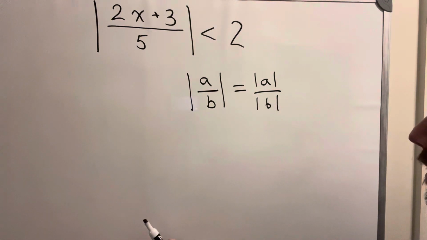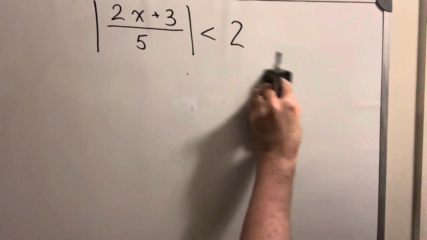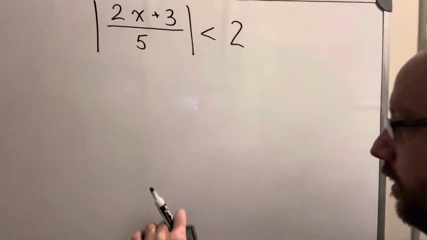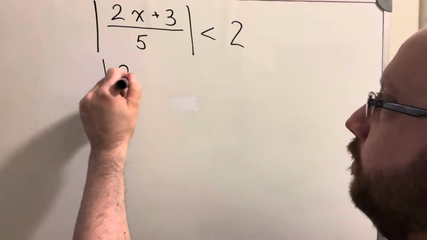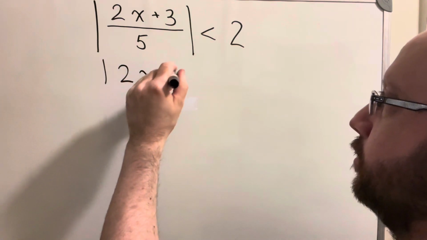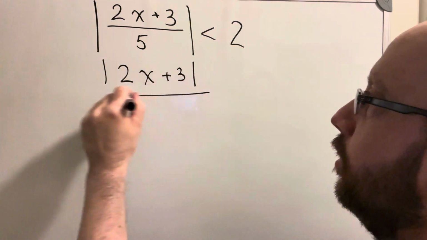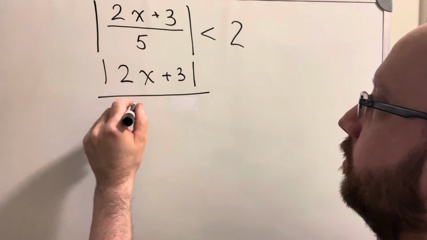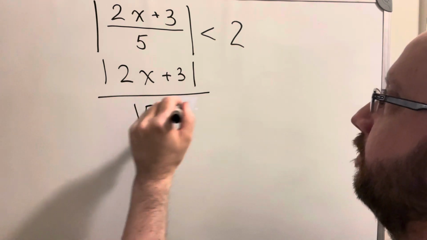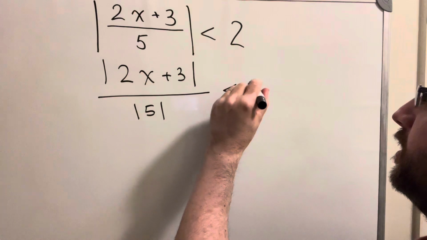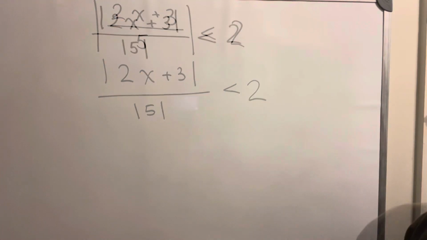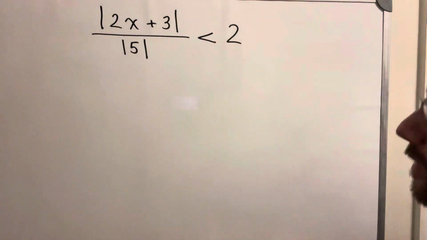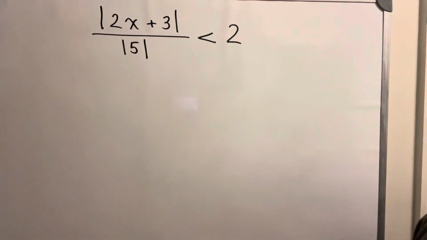So we're going to use this to change this to the absolute value of 2x plus 3 over the absolute value of 5 is less than 2. Now the absolute value of 5 is just 5.